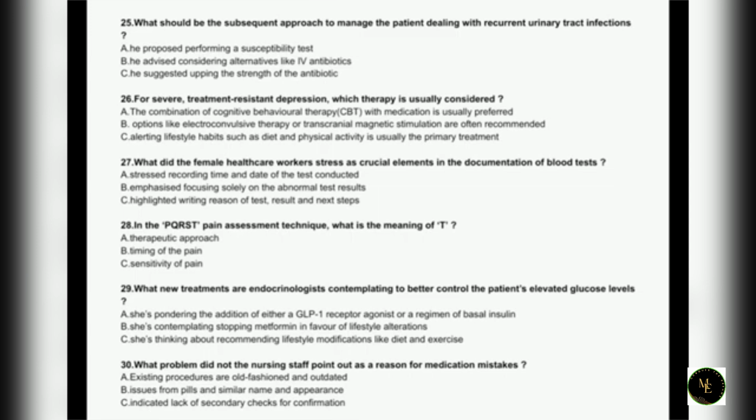The first line of treatment is usually a combination of psychotherapy and pharmacotherapy, such as SSRIs or SNRIs. That's right, and it's important to mention that medication alone is often not sufficient for long-term management. Exactly. Cognitive behavioral therapy, or CBT, is often employed alongside medication, but there are other types of psychotherapy like interpersonal therapy and dialectical behavior therapy that could also be effective.